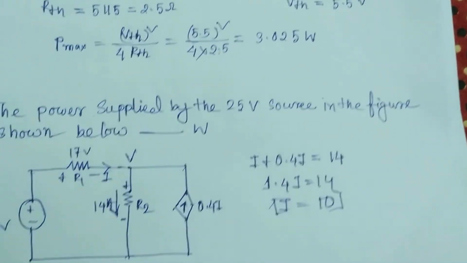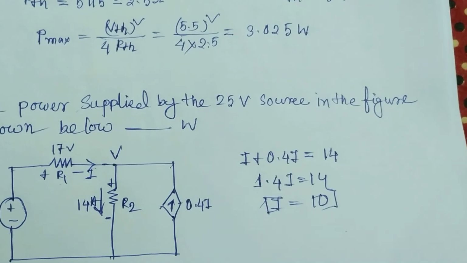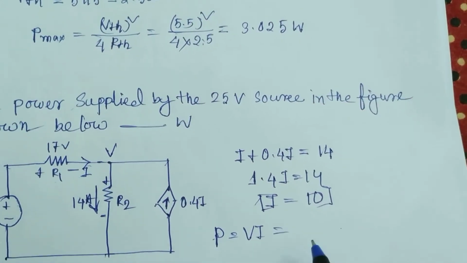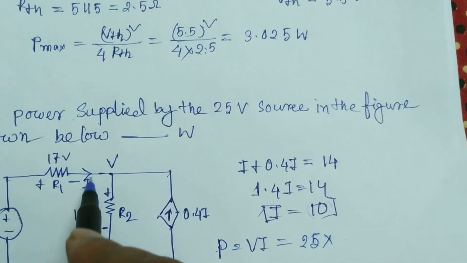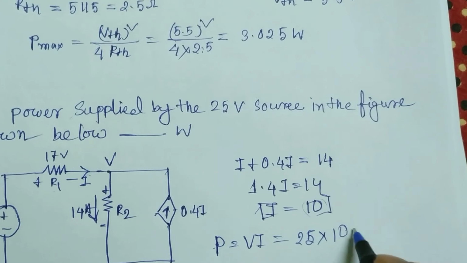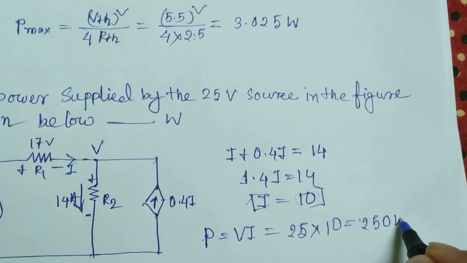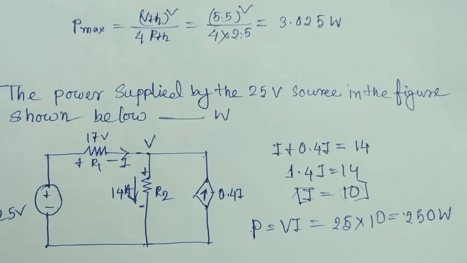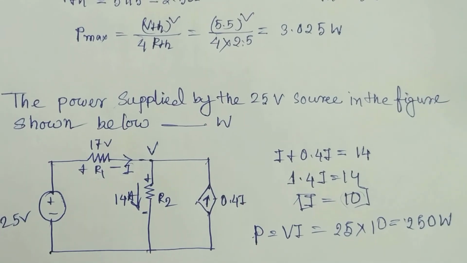Now we can easily calculate the power delivered by the 25 volt supply. We know P equals VI. Here V is 25 and I is the total current, which is 10. So the 250 watt power is delivered by the 25 volt source. This is the answer.